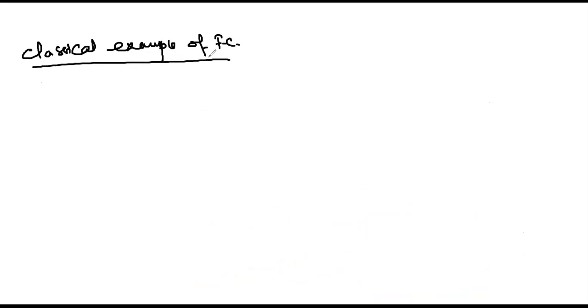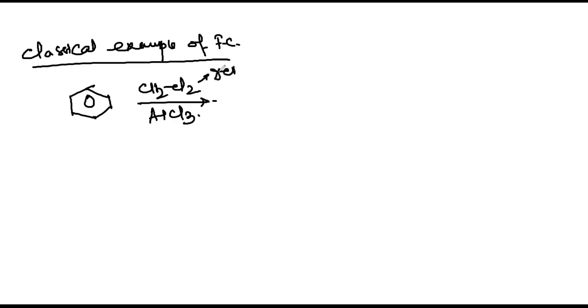We are seeing some classical examples of Friedel-Crafts. A question comes in our IIT exam that benzene is treated with CH2Cl2 in AlCl3. This is known as DCM or dichloromethane. The product is like that.